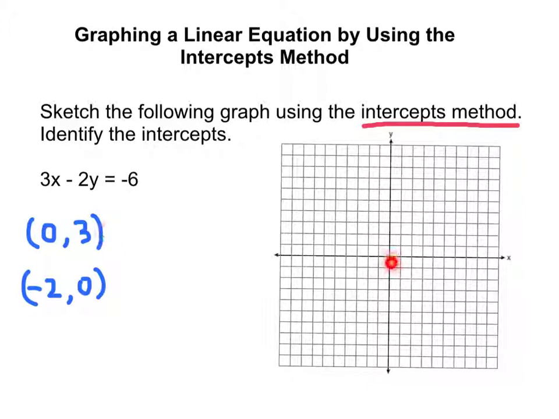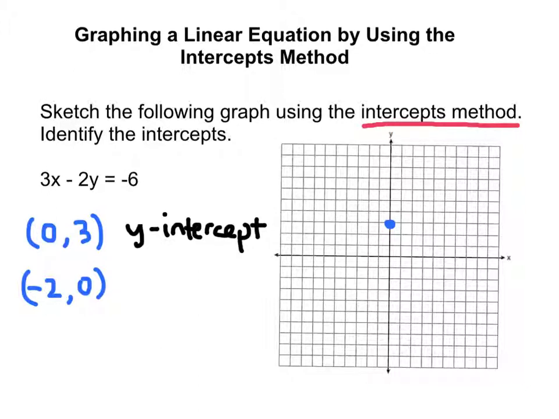Starting at the origin, I do not move left or right, but I move up 3. I'll plot that, and I notice that point lies on the y-axis. So that gives me my y-intercept, and I can label it right now.